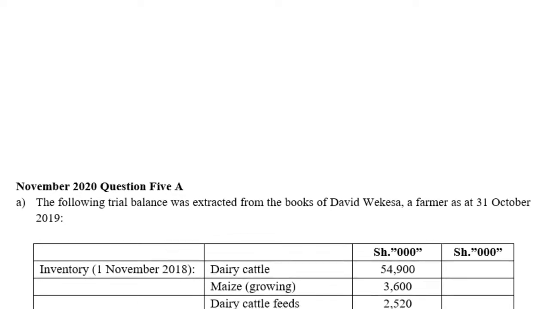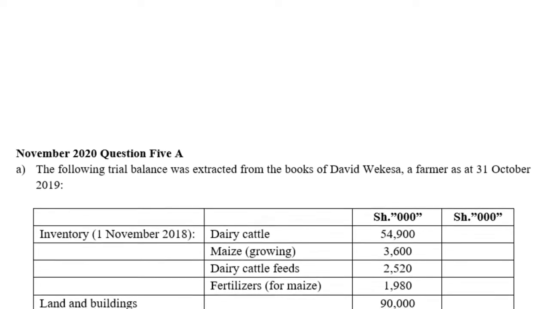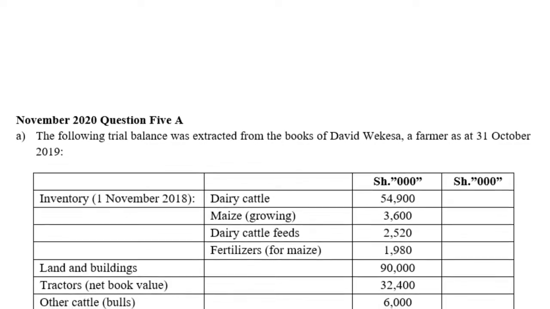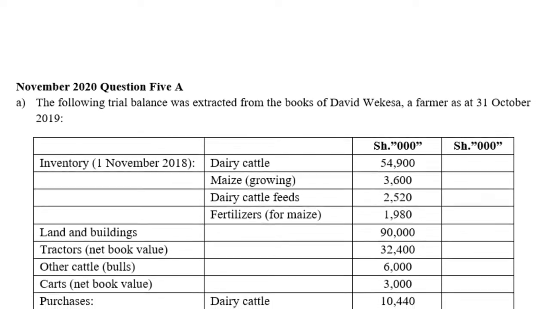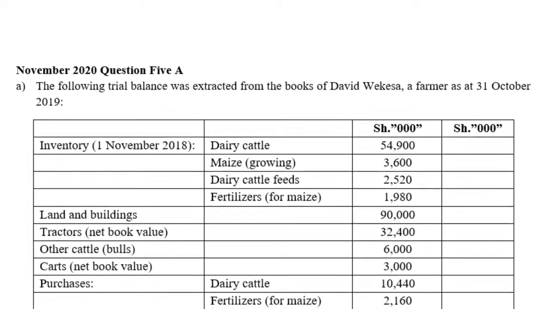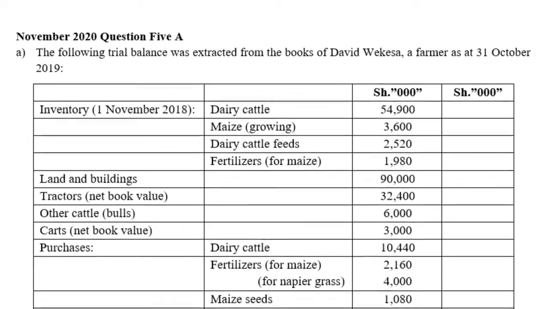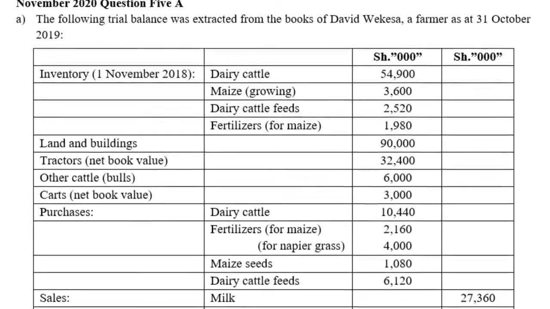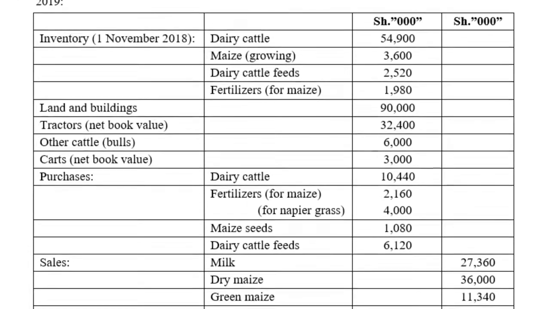We are given the inventory on 1st November 2018, which is now the opening inventory for dairy cattle, maize which is growing, dairy cattle feeds, fertilizer for maize, land and buildings, tractors, other cattle which are bulls, and then cost which is the net book value. Purchases for dairy cattle, fertilizer for maize, fertilizer for napier grass, and then maize seeds, dairy cattle feeds.